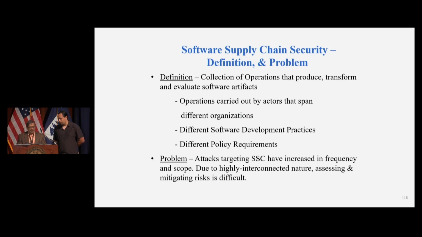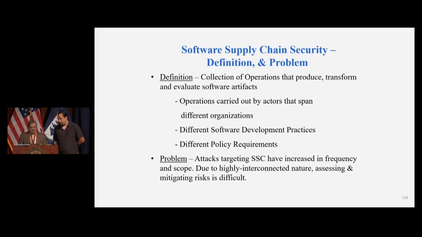We know in a very generic sense that a software supply chain is a collection of operations that produce, transform, and evaluate software artifacts. In other words, it produces some artifacts, transforms one artifact into another or combines artifacts, and lastly we evaluate how well it meets the requirements.